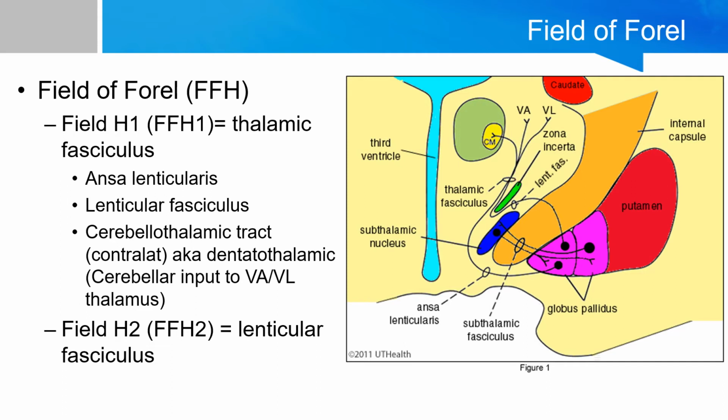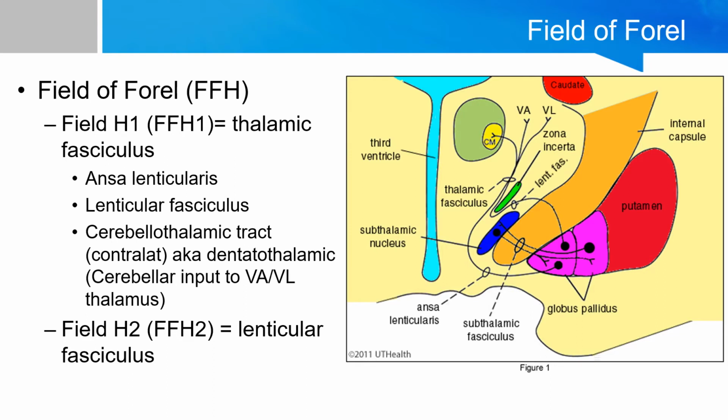This structure is named ansa because ansa is Latin for loop. And these fibers eventually go on to join structures in the thalamus, such as the centromedian nucleus and the VA-VL nucleus.